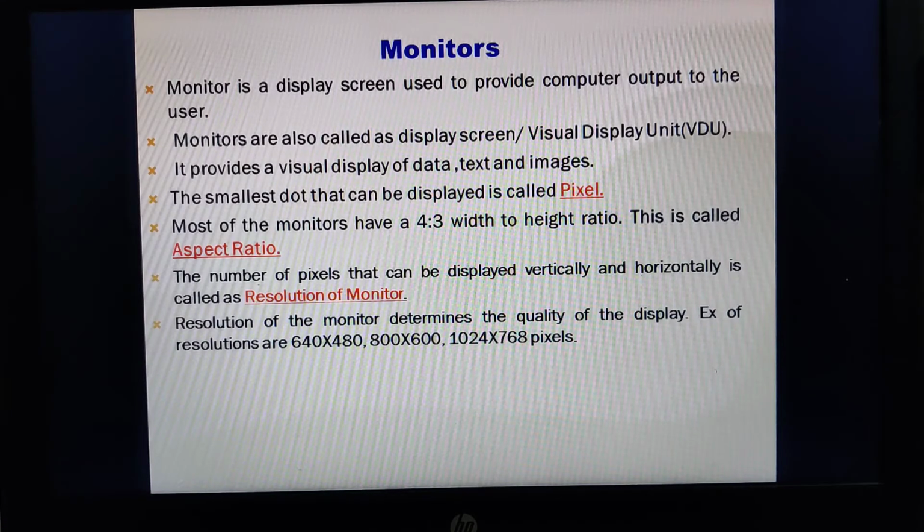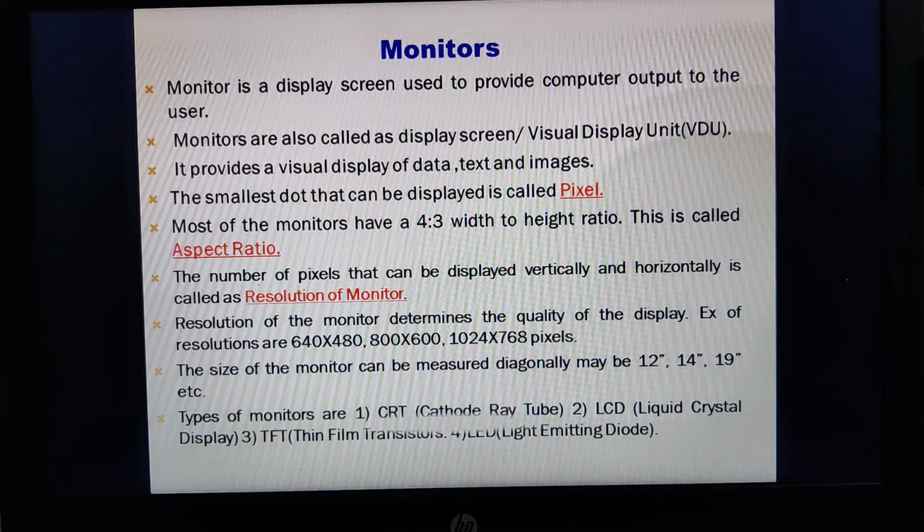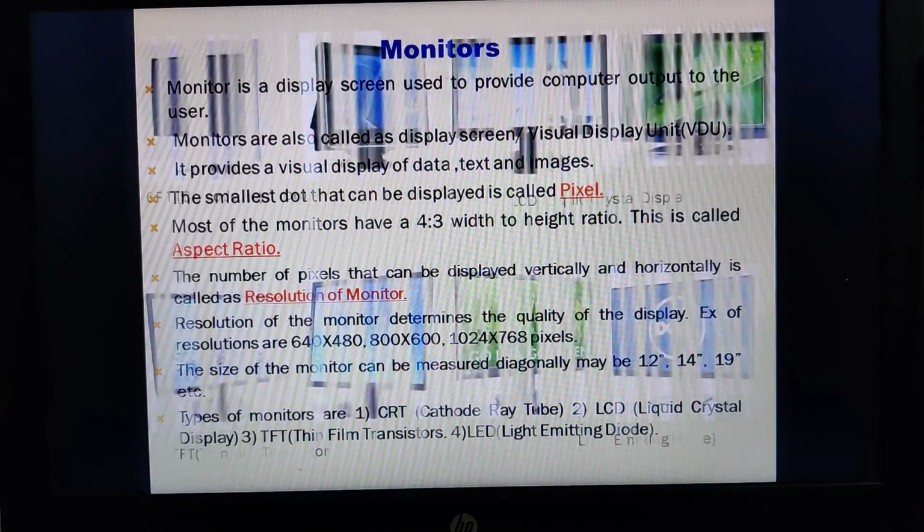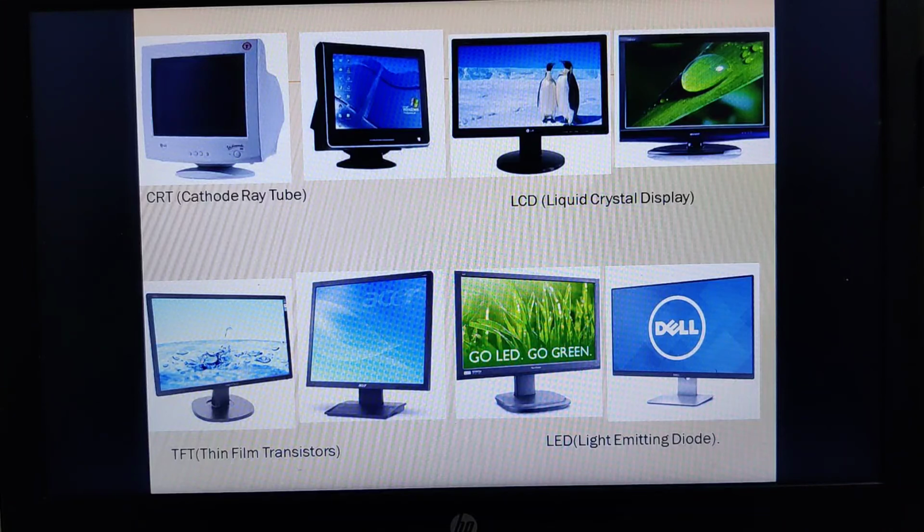So this is all about the monitor. Here we have different kinds of monitors. We don't need an in-depth explanation, you just need to know the different kinds of monitors. That is the cathode ray tube, which is dome shaped. Earlier we used to get computer systems in which the display screen was dome shaped.